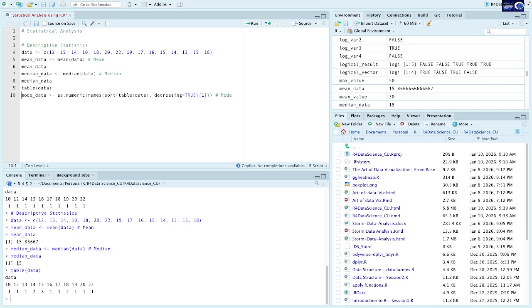First we will use the table data. The table gives the frequency count. For the frequency table we will be using the function table.